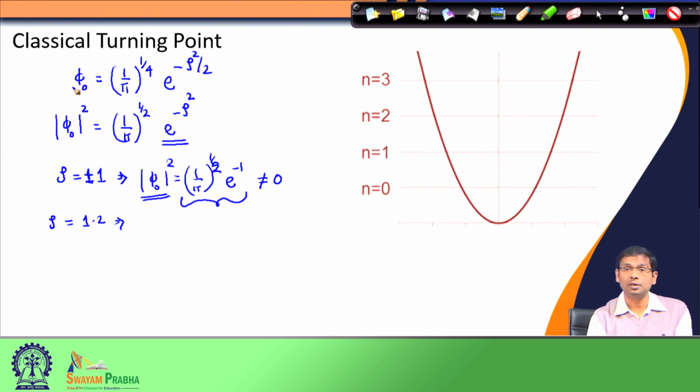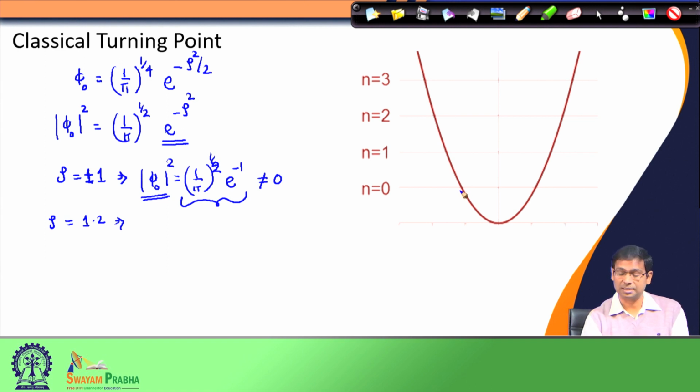That means in the quantum mechanical harmonic oscillator, my system can actually go beyond the classical turning points. The regions that were forbidden for a classical harmonic oscillator are now accessible for my quantum mechanical oscillator.